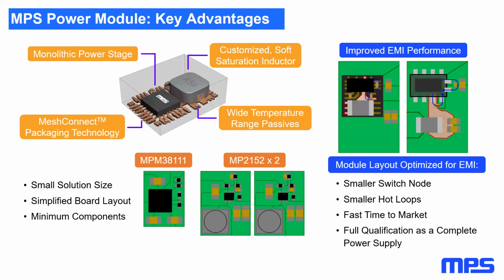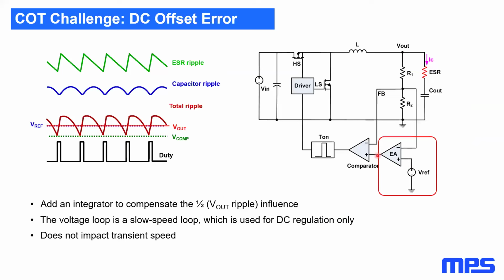Great. Next one, by removing the voltage loop compensator, we might have a DC offset in output voltage. How can this offset be corrected? We correct it by adding an error amplifier to the reference voltage here.